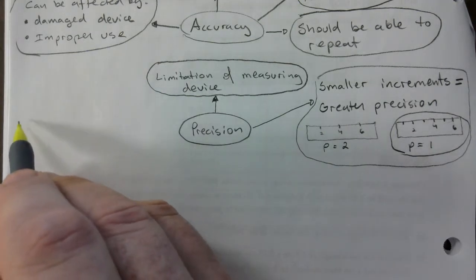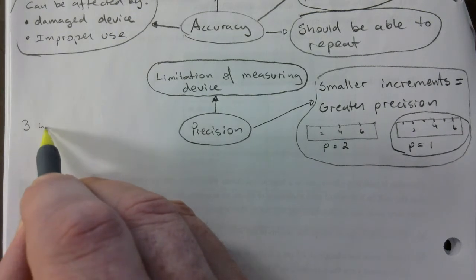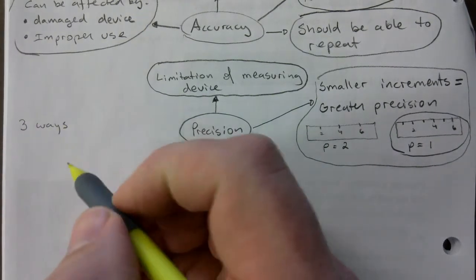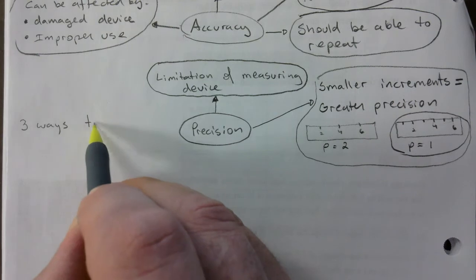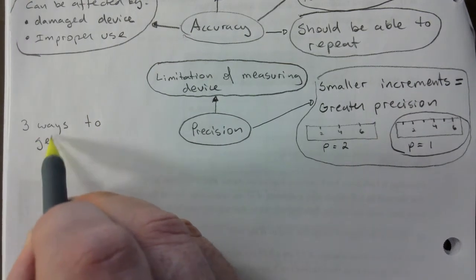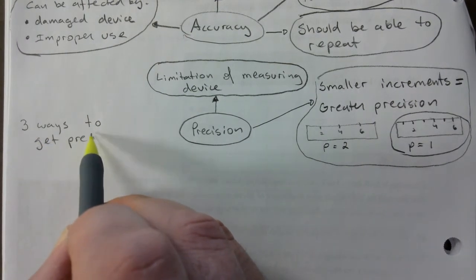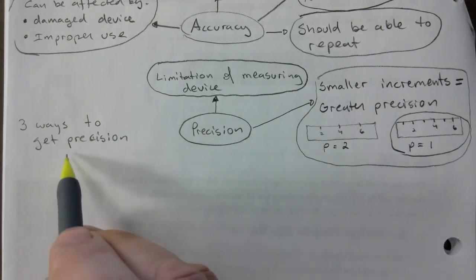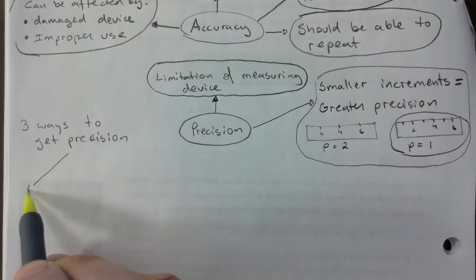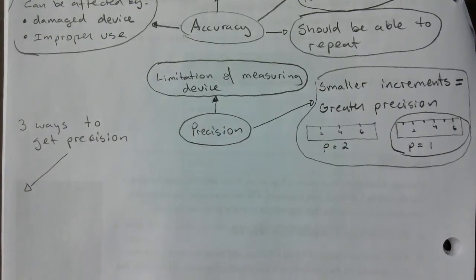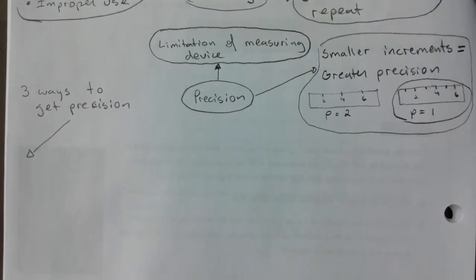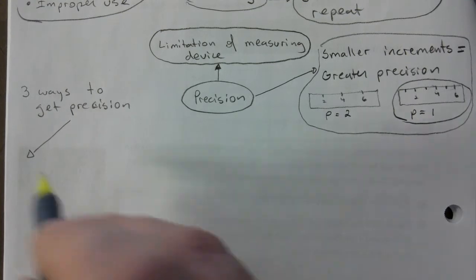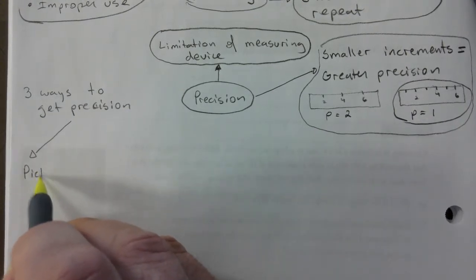Over here on the left, I will say 3 ways to get precision. And I will circle things in a little later. I want to see how this goes. A picture.